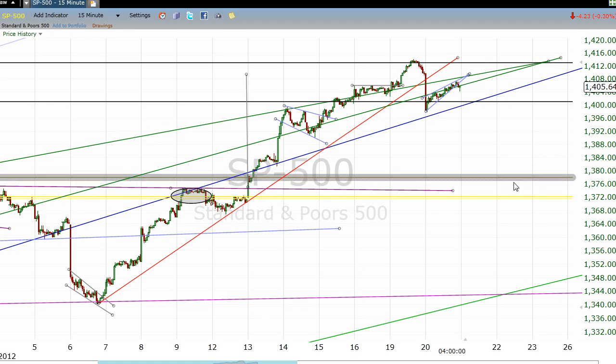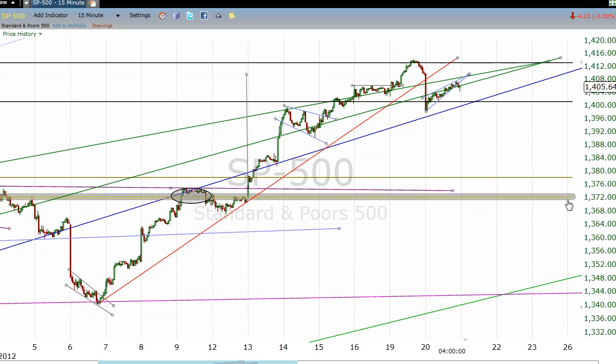So when they head back down, we start looking for a corresponding turn of when they're going to head back up. So that's really my goal right now, is to play that pullback from that big rally. I think we're going to pull back.